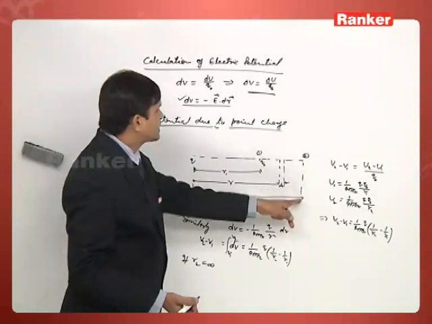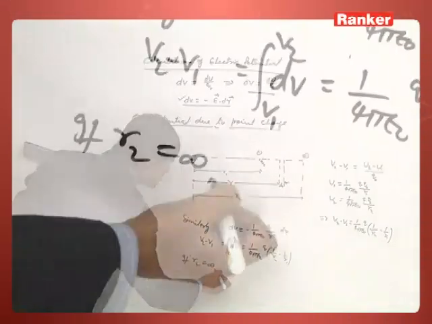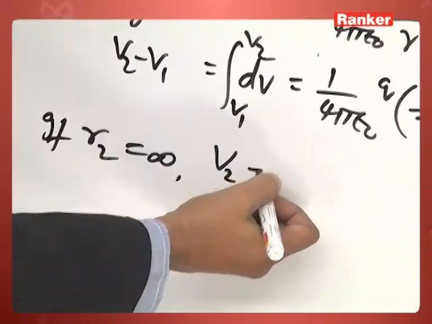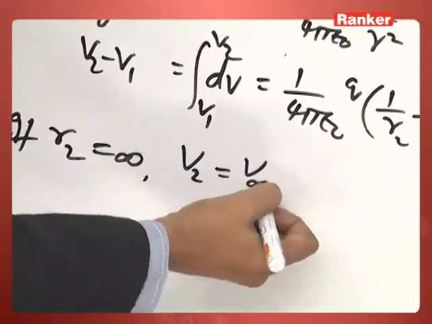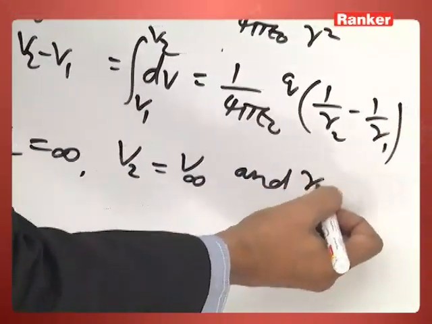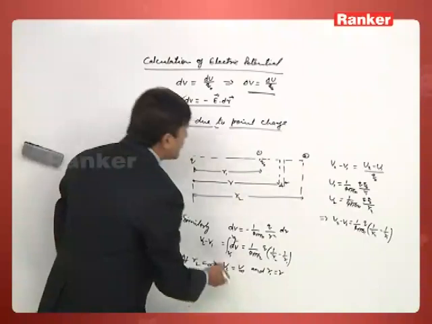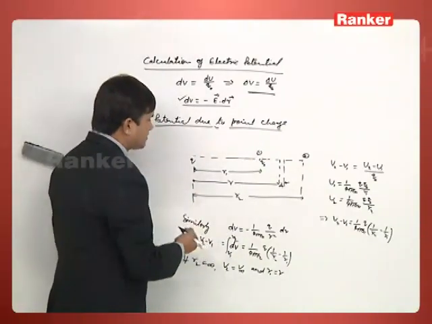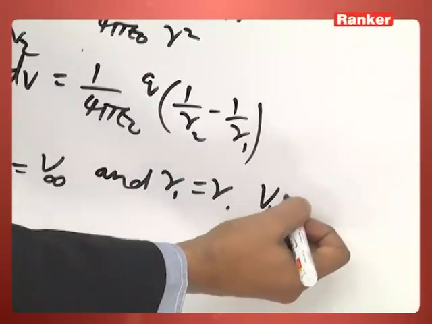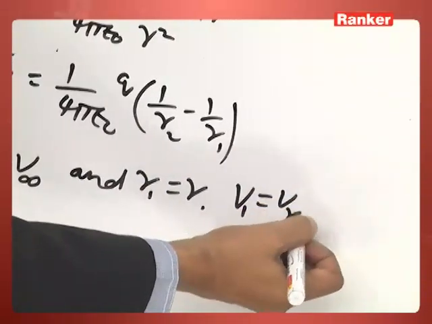So the potential corresponding to 2 is written as V at infinity, and R1 is at a distance R, meaning point 1 is at a general point R. So V at 1 is written as V at R.